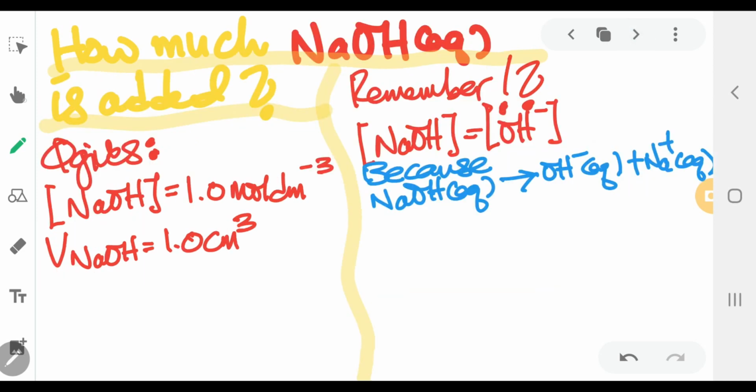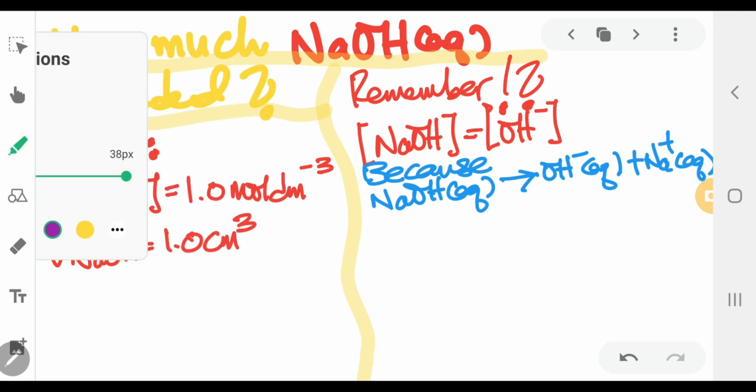And how much sodium hydroxide is added? The question tells you that the concentration of sodium hydroxide is 1.0 mole per decimeter cubic and the volume added is 1.0 centimeter cubic.